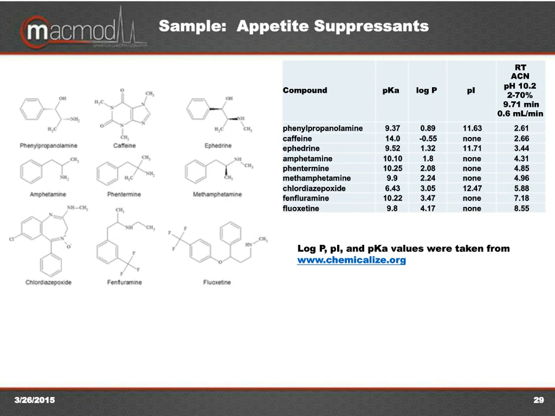They're listed in increasing elution order, or retention time. All of the log P, pI, and pKa values were taken from chemicalize.org, which does a nice job of presenting calculated values for use in deciding things and doing your method development work.